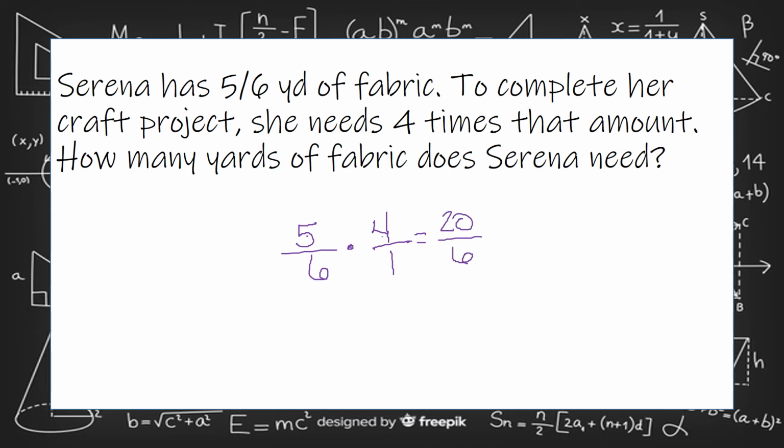I can simplify this by dividing both by 2. 20 divided by 2 is 10. 6 divided by 2 is 3. Then I need to simplify a little more and put it into a mixed number. 3 goes into 10 3 times with 1 left over, and I put it over the denominator. So she needs 3 1/3 yards of fabric.